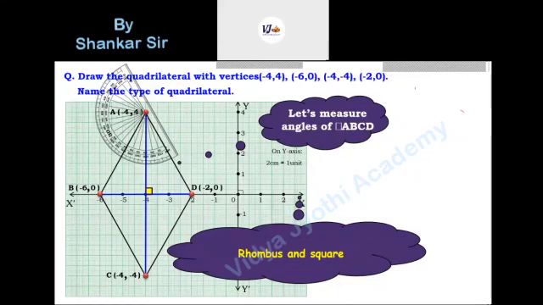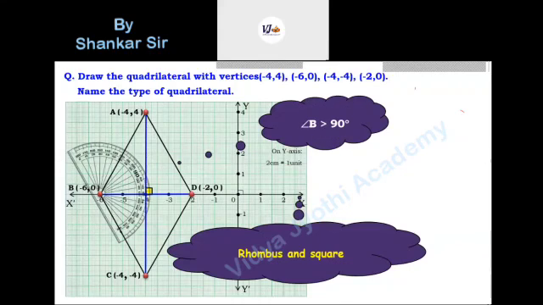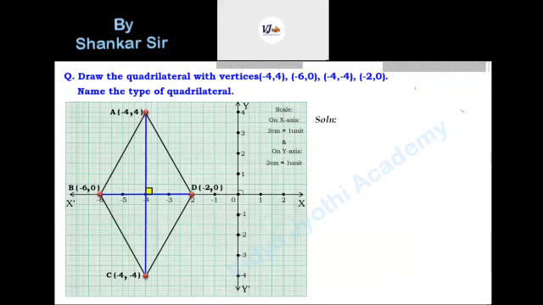What is the angle A? 60 degree. Yes, it is less than 90 degree. If it is 90, then we can say it is a square. But it is not 90 degree. So we can say it is a rhombus. Understood now, students?